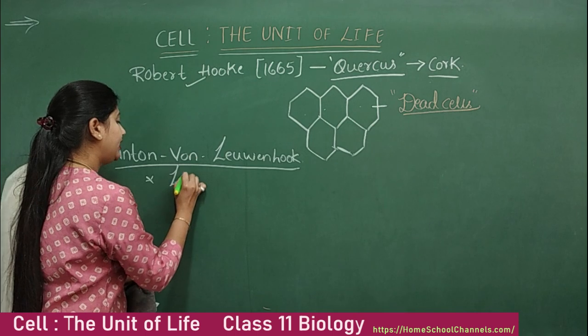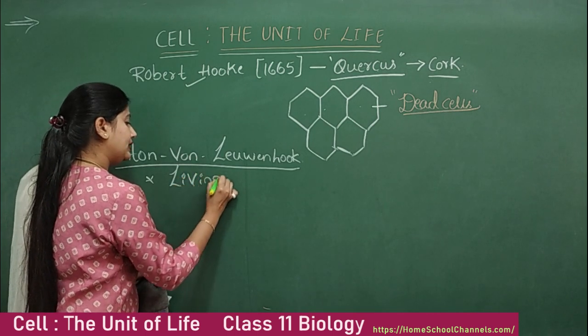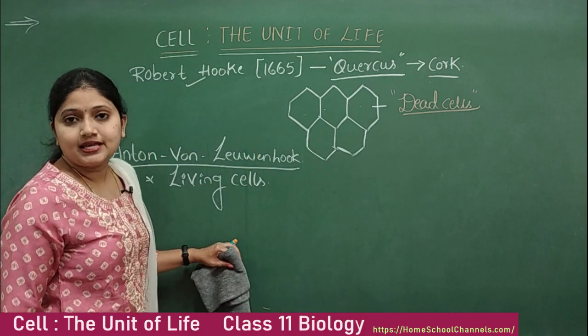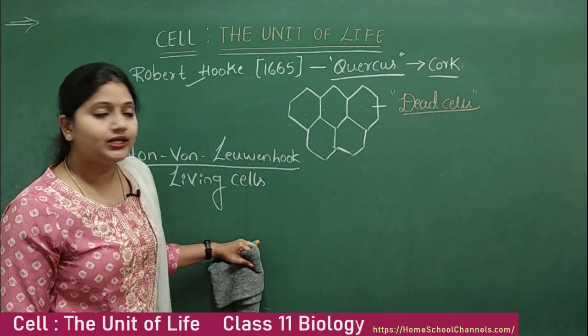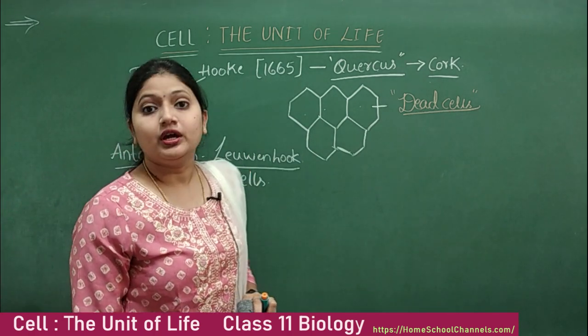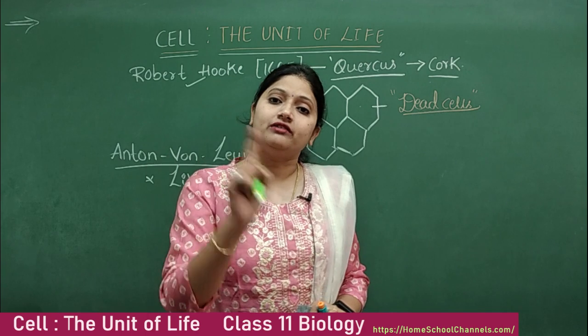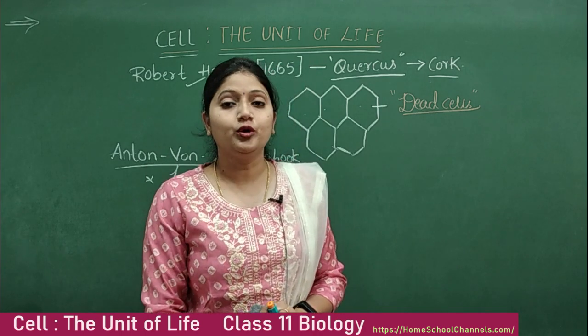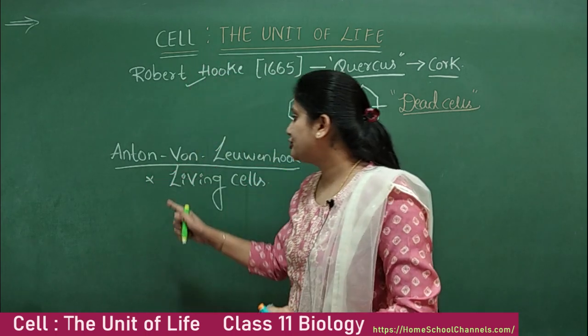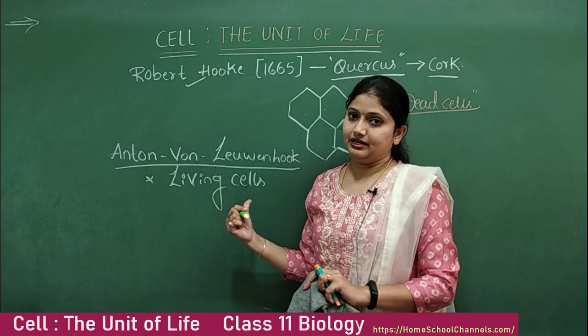So he studied living cells. If in the examination it is asked who studied the dead cells for the first time, then it is Robert Hooke. If they ask who discovered the cell, then also it is Robert Hooke. But if they ask who discovered the living cell, then it should be Anton van Leeuwenhoek.